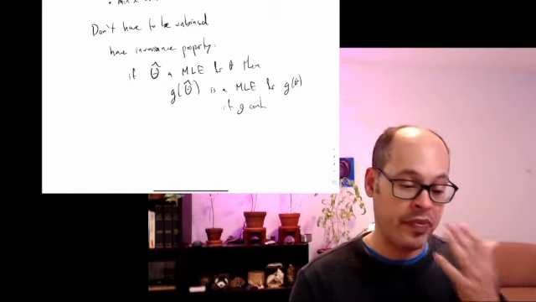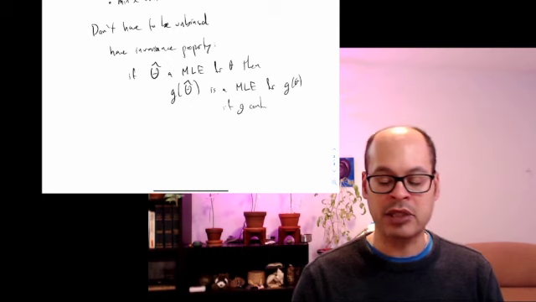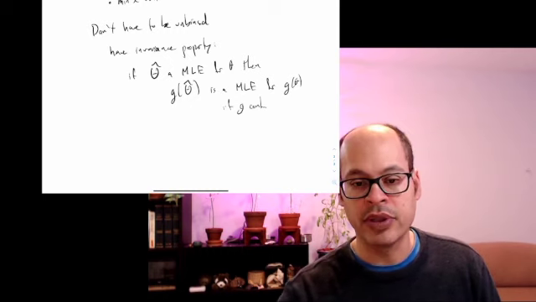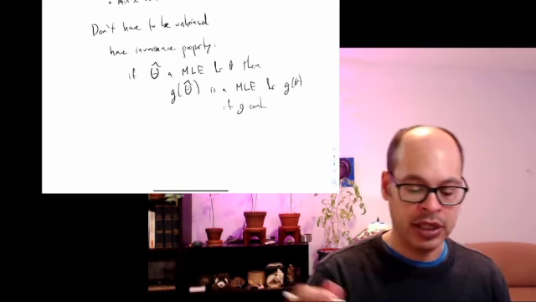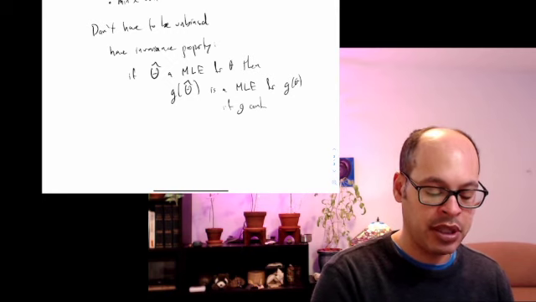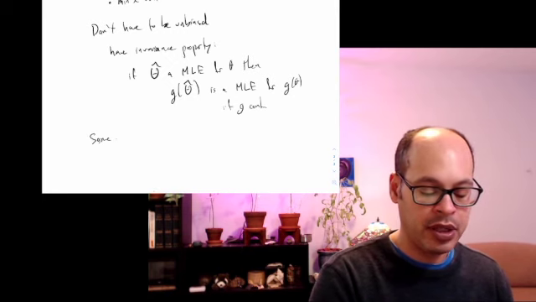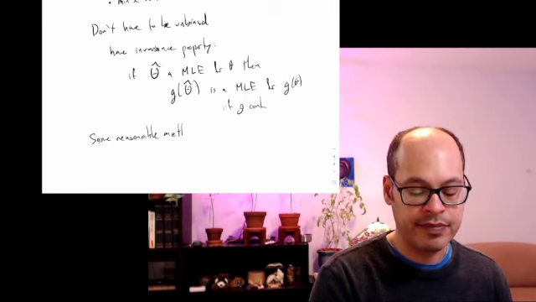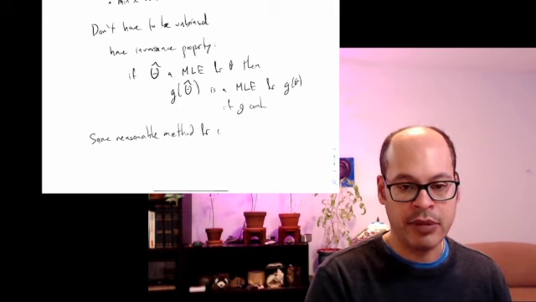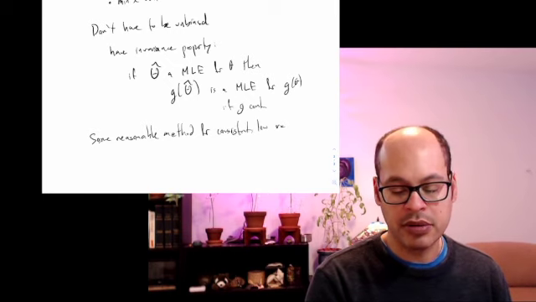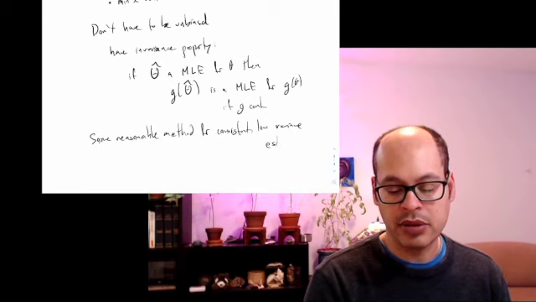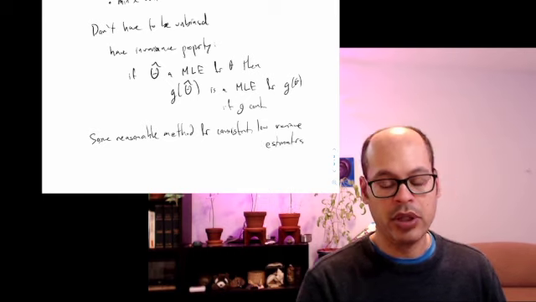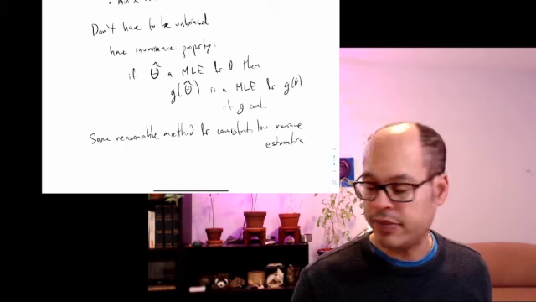But on the other hand, this maximum likelihood property is preserved, and so at least you get some reasonable method for consistent, low variance estimators, even if they are biased.